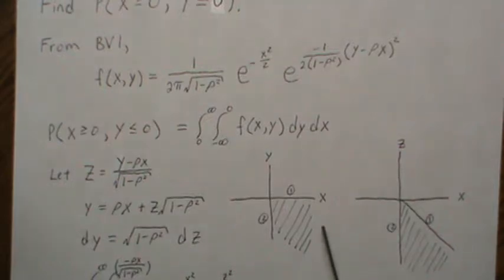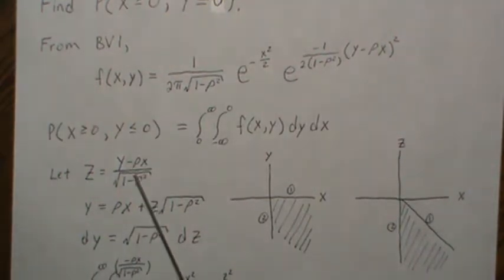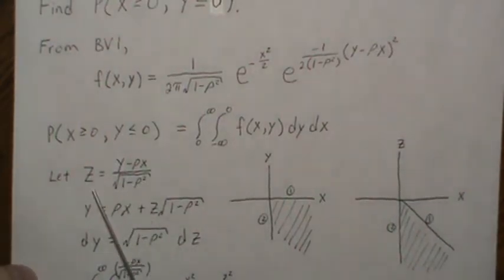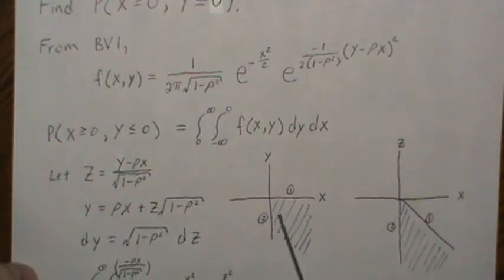Okay, and so for this case, we're going to assume that rho, our correlation, is positive. And then I'll point out the pieces where the result, or the formula we get at the end, is the same, but it's a little different. So here, this is our transformation. Originally x and y, we want to be in this fourth quadrant.